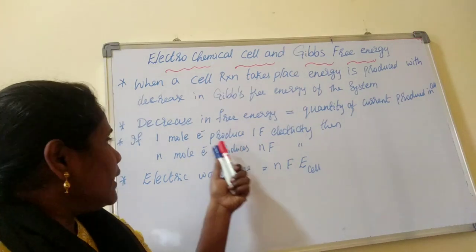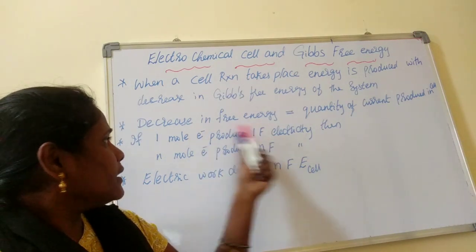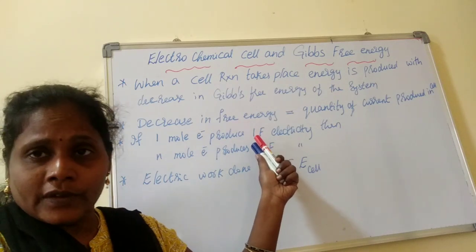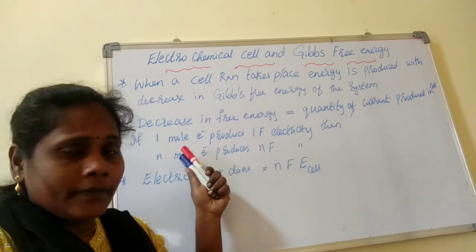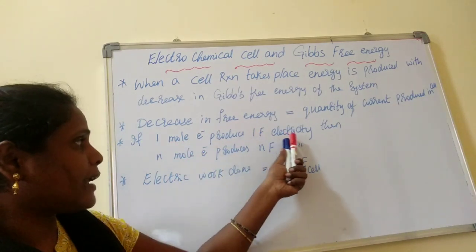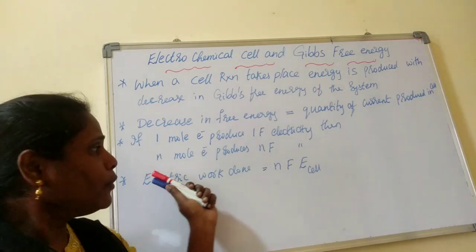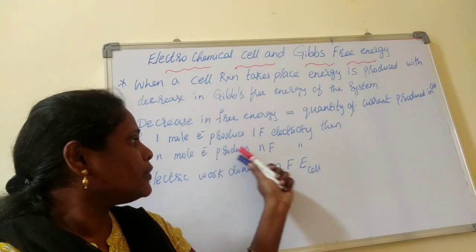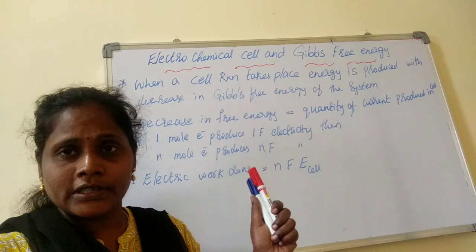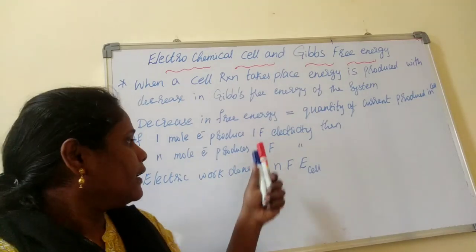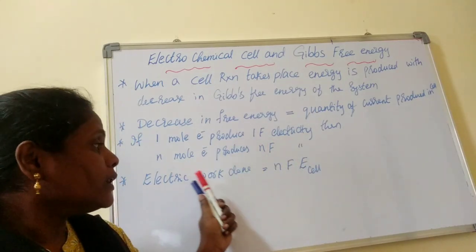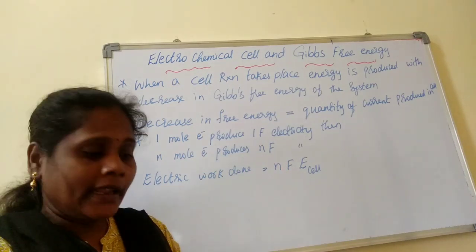So, if 1 mole of electrons produces 1 Faraday of electricity, then n moles of electrons produce n Faradays of electricity. The simple correlation. Then at that time, electric work done will be equal to nFE cell.